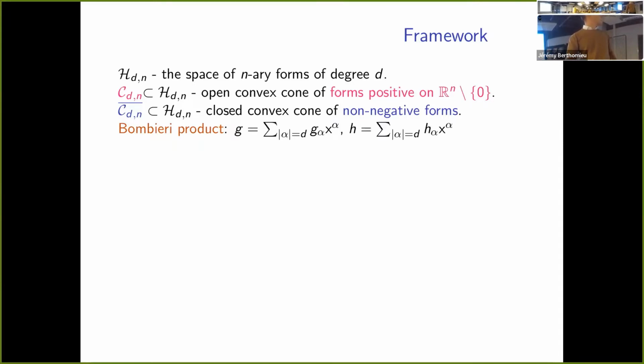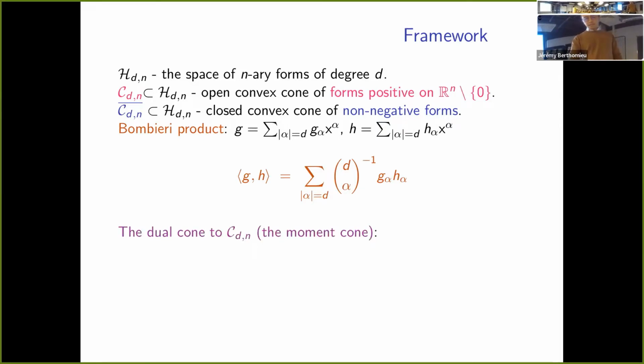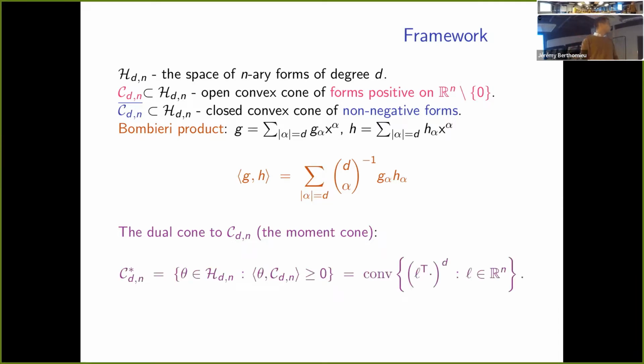And then very important will be to fix an inner product, which appears in many talks in this workshop. That is the Bombieri inner product. So if you have two forms written in the basis of monomials, this is the formula that defines this scalar product. Sometimes it's also called the Fischer or apolar product. The dual cone to C is sometimes called the moment cone.